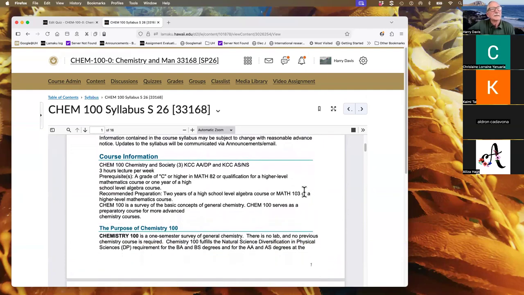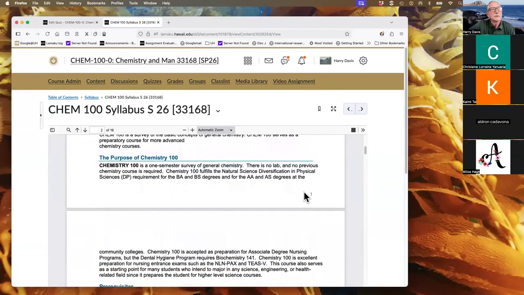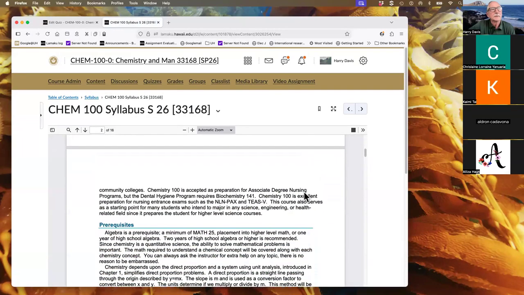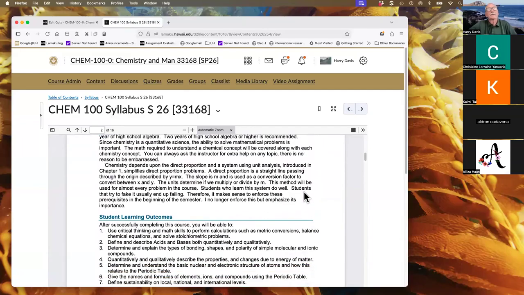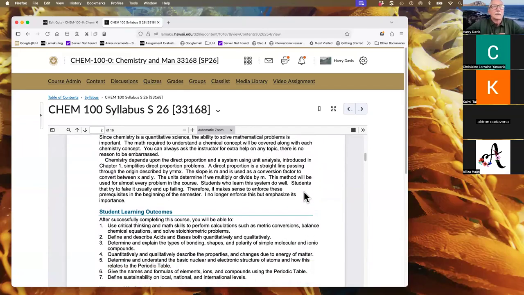So course information, the purpose, prerequisites is basically math. I think for 141, it's a little bit higher level math, but it really doesn't matter. I've had students who've taken calculus and still struggled with the math in this course. And I've had students that don't have the math prerequisites and they do fine.